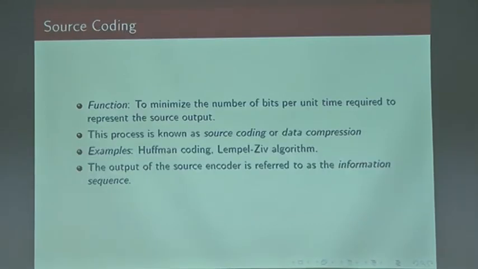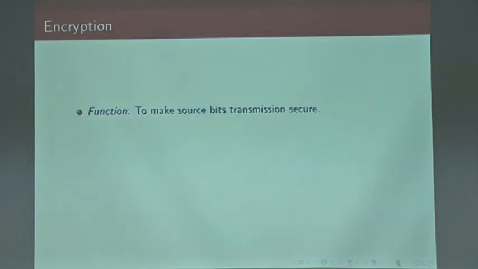We'll assume that to be binary. It doesn't have to be binary, the symbols are going to be from some finite alphabet, but binary is the most common case that we deal with in practice. And we want to make source bits, here I'm on to encryption.